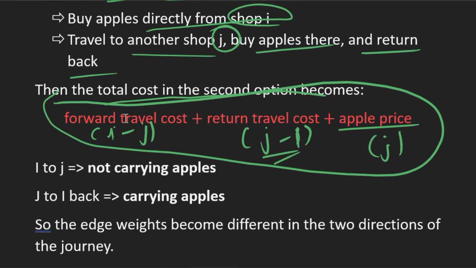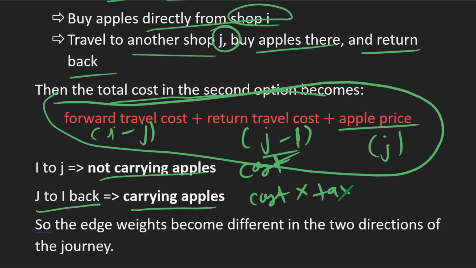While going from i to j, we are not carrying apples, so that edge weight will be different, and from j to i back we will be carrying apples. So here the cost will be directly the cost, and here the cost will be cost into tax. So in both cases the edge weights will be different, right?